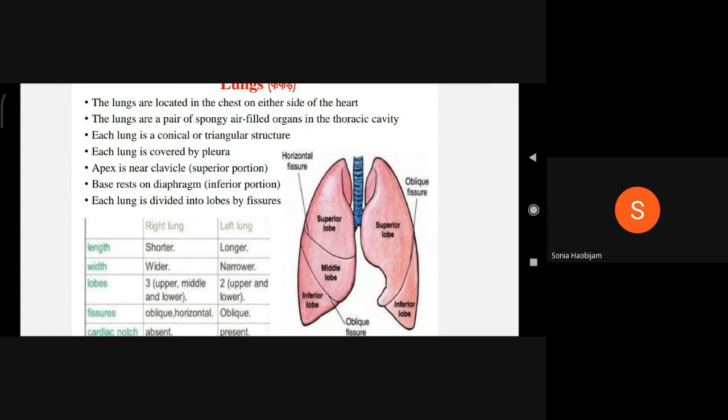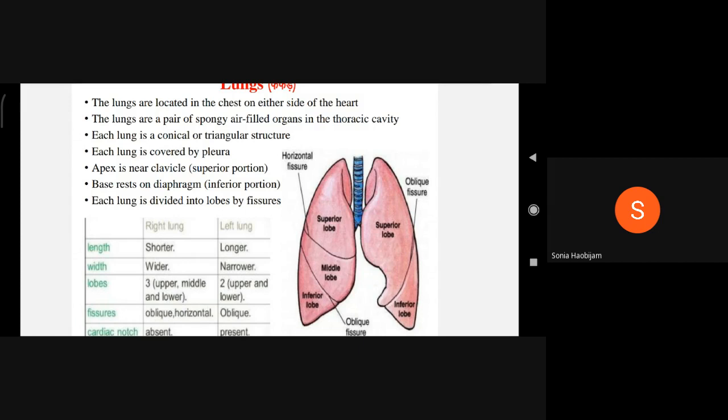Now, the apex is near the clavicle. You can see here the apex of both lungs are near the clavicle, and the base rests on the diaphragm.